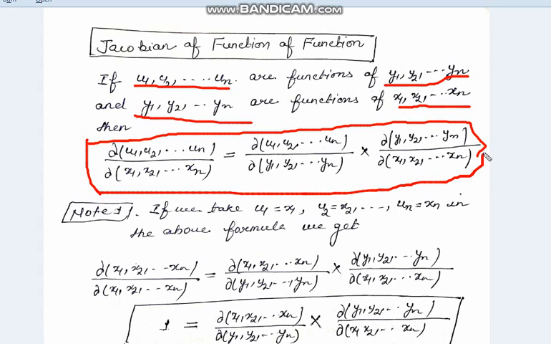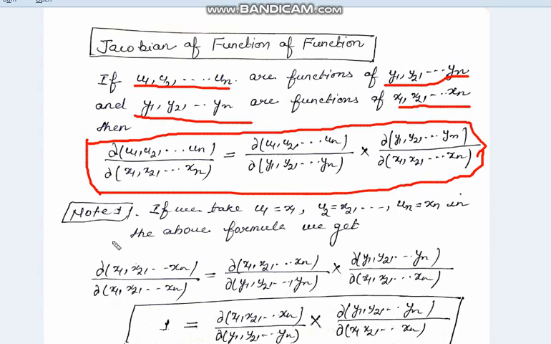This formula. And how does this formula work? First of all, we will find the Jacobian of u1, u2 up to un with respect to y1, y2 up to yn, and then we multiply its value with the Jacobian of y1, y2 up to yn with respect to x1, x2 up to xn.